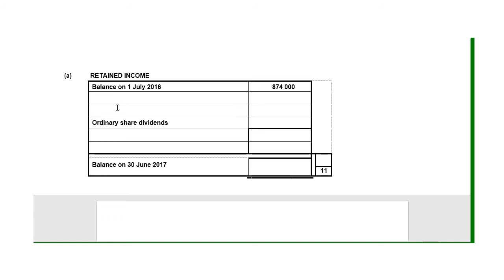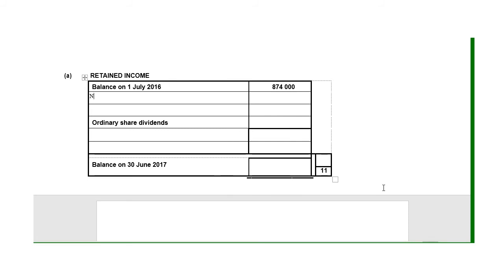We deduct whatever extra amount, in other words, over and above that average that we paid for the buyback of shares, and then the total of our share dividends, interim and final together, and that will then give us the balance at the end. So let's put in what we need to do in this note. Make sure you always know what the layout of the note is, what should be in the note.